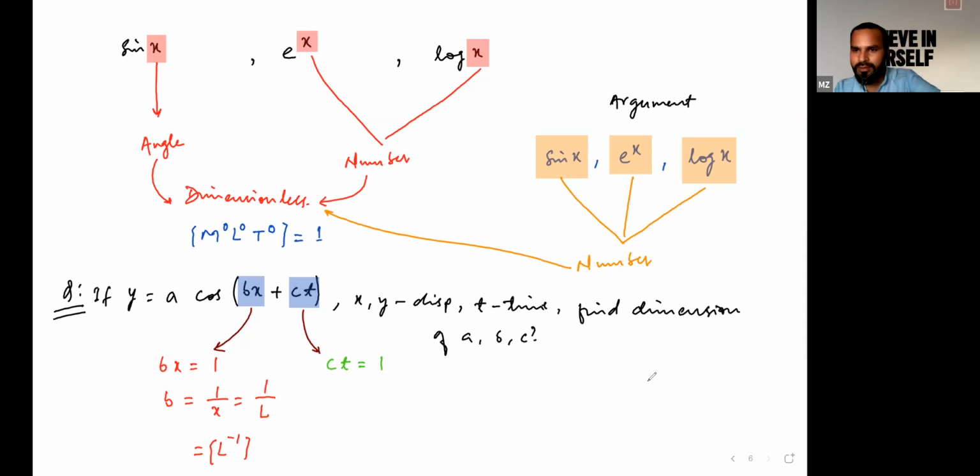Good, Safan. Good, Yusra. So C would be equal to 1 over T, or you can write it as T raised to the power minus 1. Now we have solved for both B and C.